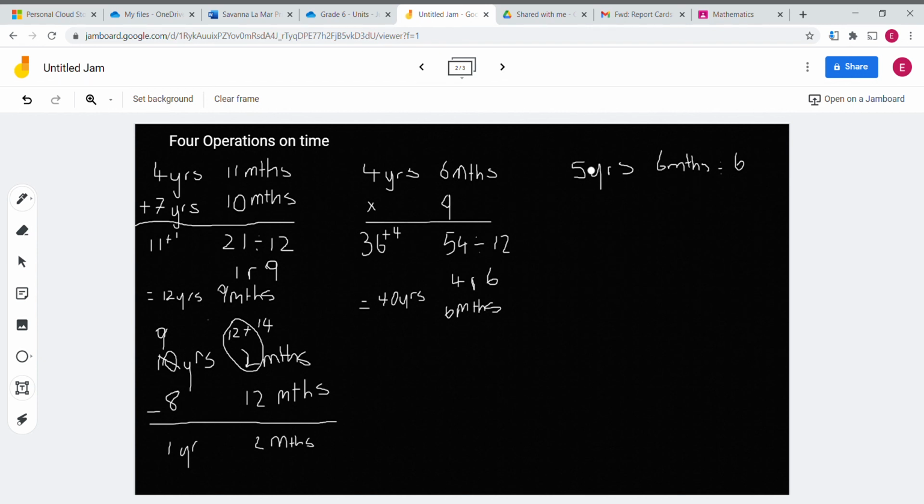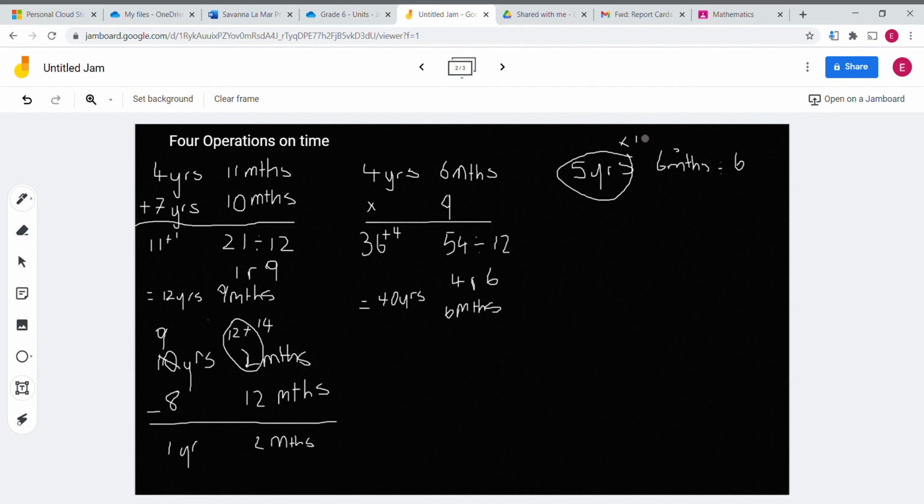So for this here, we're going to have to convert years into months so that we can actually divide. So we know that 12 months make 1 year, right? We are moving from large to small. So because you're moving from large to small, we're going to multiply, just like we did in the other lessons.